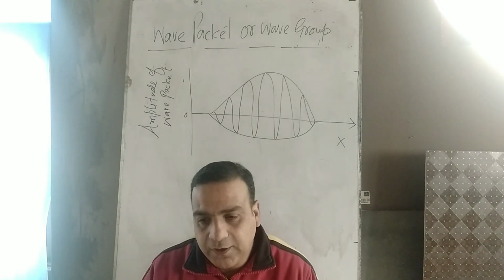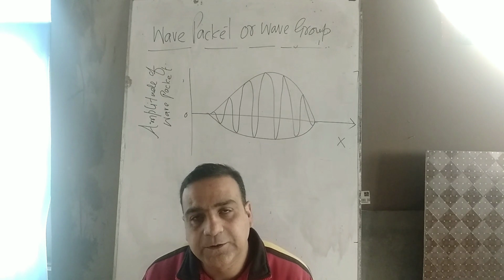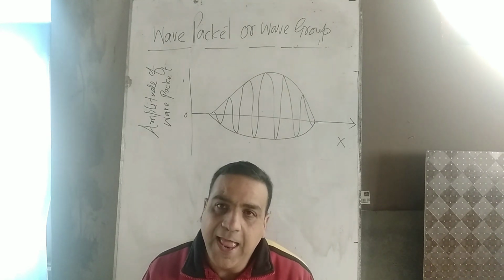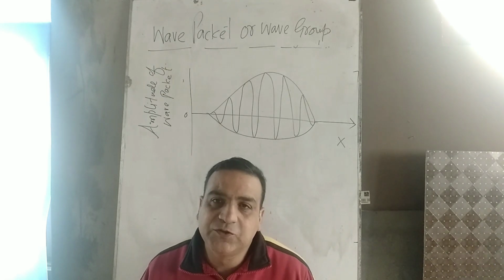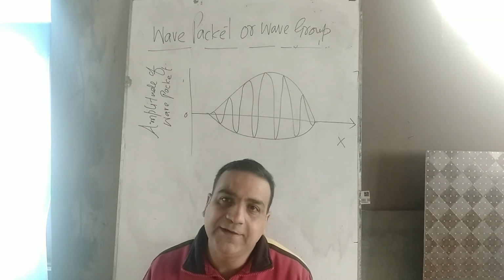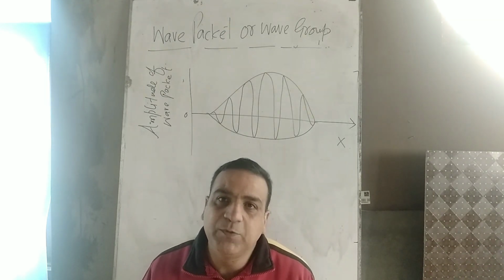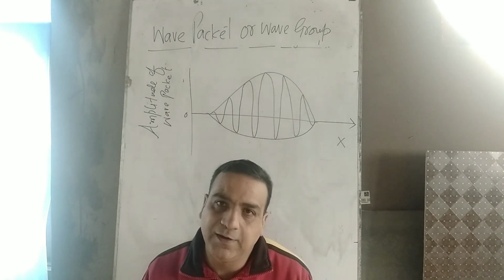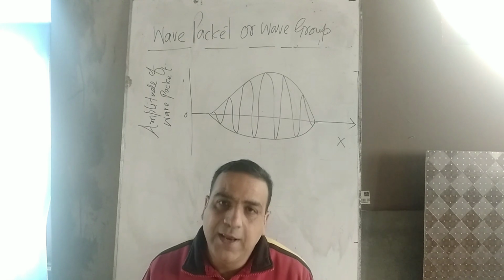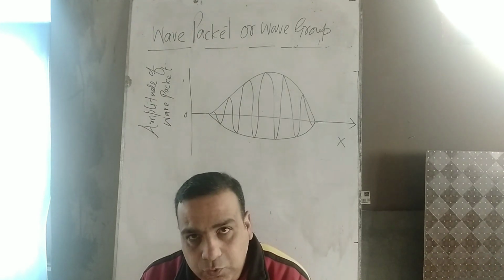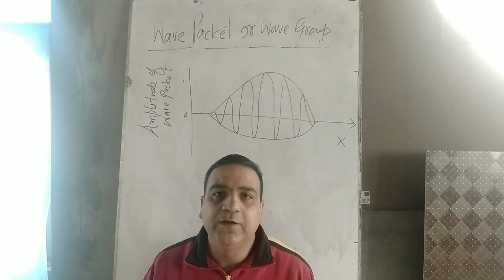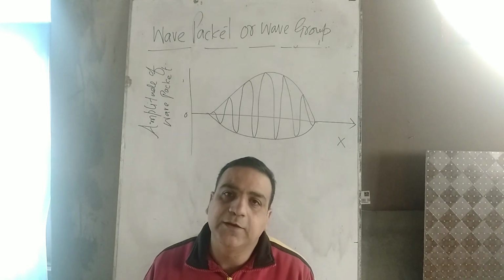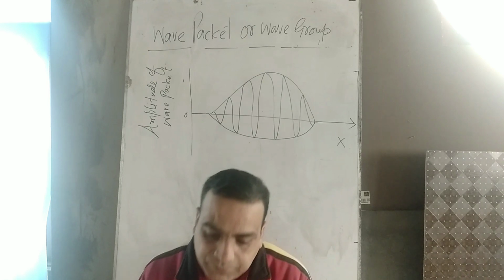So the constructive interference of these waves leads to a wave group, and what is proposed by Schrödinger is that there is a maximum probability of localizing the particle in that zone, and the probability goes to zero as we move away from the group where the constructive interference has taken place.